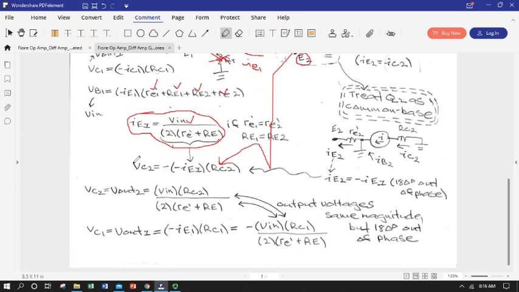And now I have an expression for Vout2 in terms of collector current 1, and I can use that in combination with this expression for input versus collector current 1. And I can come out with expressions for output voltage in terms of input voltage and my collector resistors and emitter resistors in both cases.